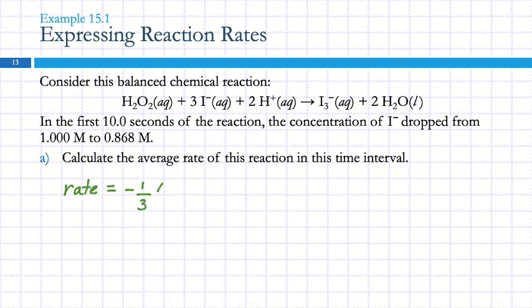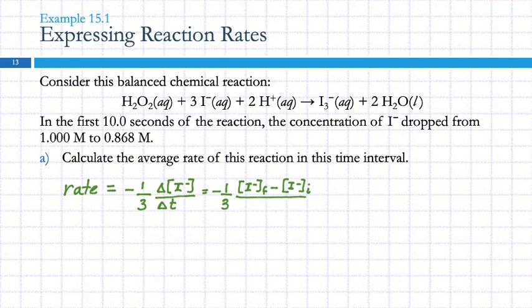And now I want the change in the I minus concentration divided by the change in the time. So delta is change in, it's the final minus the initial. So we're going to look at the I minus final concentration and subtract the I minus initial concentration.